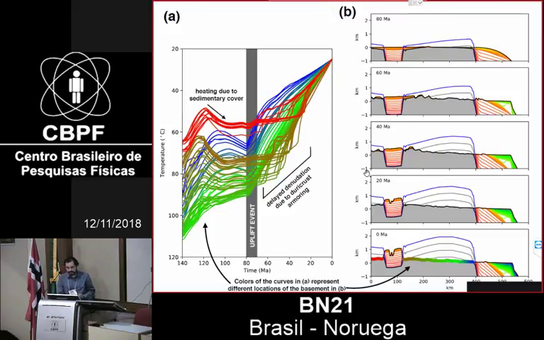And furthermore, it's interesting that due to the dairy crust formation, the timing of enhanced denudation is not directly related to the timing of uplift, but the denudation in part of the model occurred tens of million years later than the moment of uplift due to the dairy crust preservation.